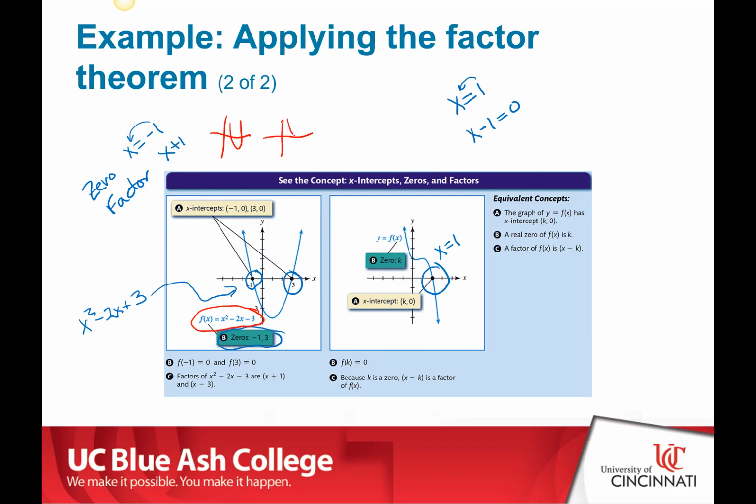It could go like this and it would have 1. Or it could go like this and it'll have, yeah, how many times does it hit the x-axis? Yeah, none. So be aware that you can come up with a different number of roots.